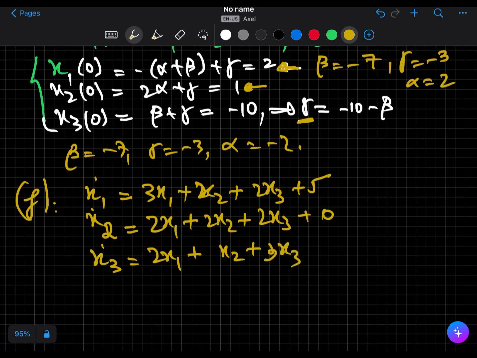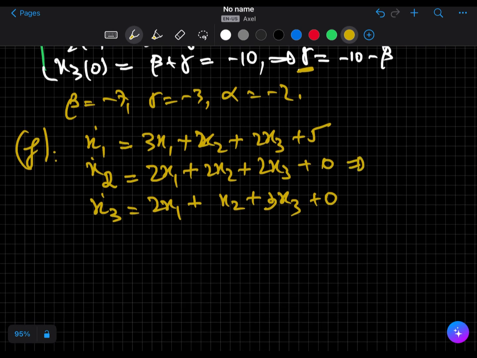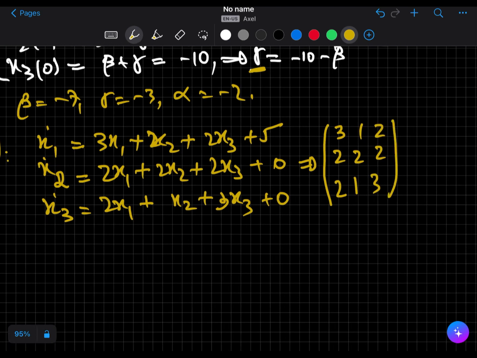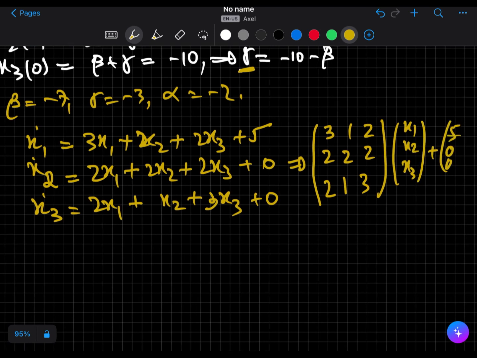We can put a plus 0, 0 here so that we can write this in the form of the matrix 3, 2, 2; 1, 2, 1; 2, 2, 3 times x1, x2, x3, plus 5, 0, 0.